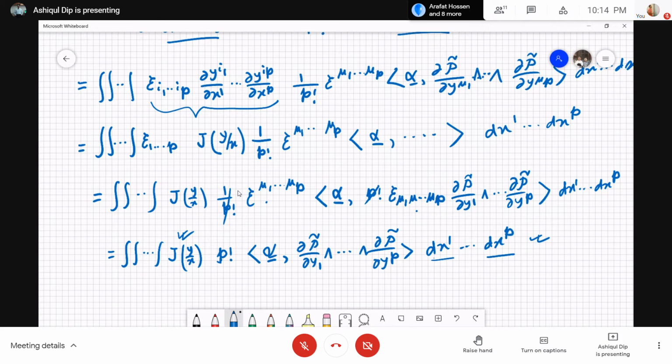So what should we expect when we change the differentials as well? We change the pullback process only, not the differential.